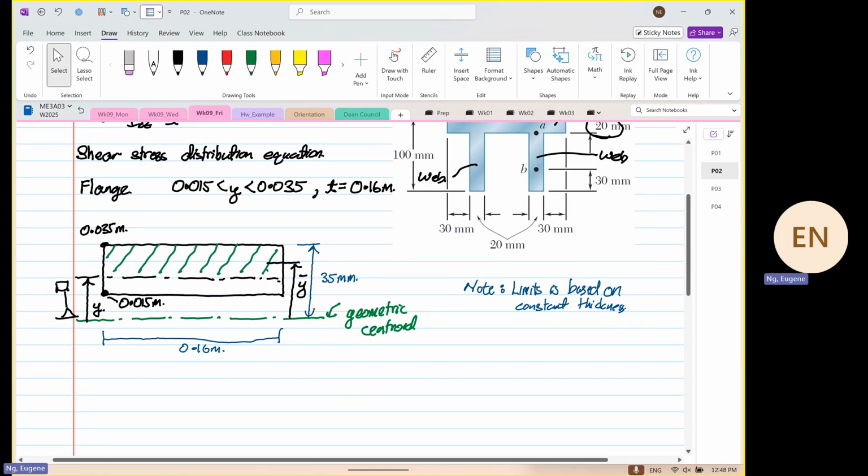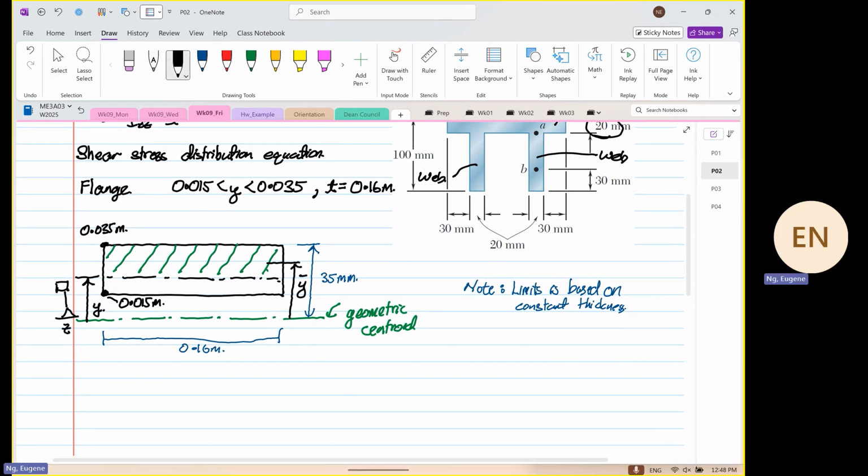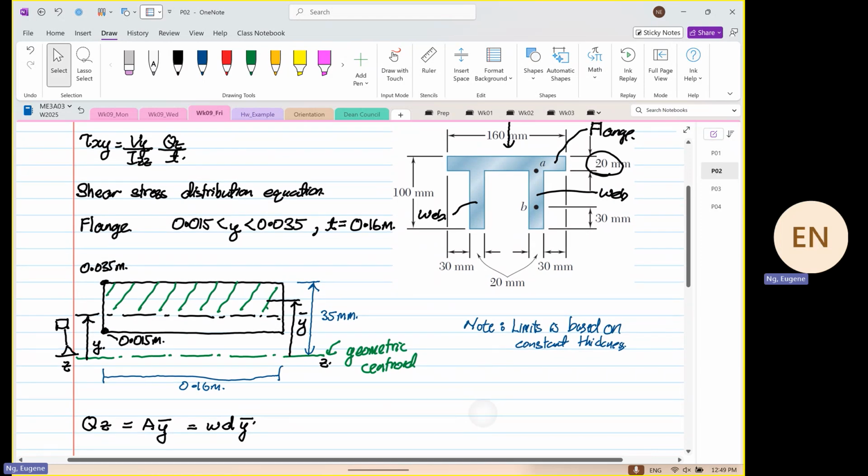So now this is where it's straightforward now. Okay. So we know this is our ZZ axis. So our first moment of area about our ZZ axis will be equal to area multiplied by Y bar. So this is equal to width multiplied by depth multiplied by Y bar. Okay. So now, the next thing that we have to take note, the axis is what? ZZ.